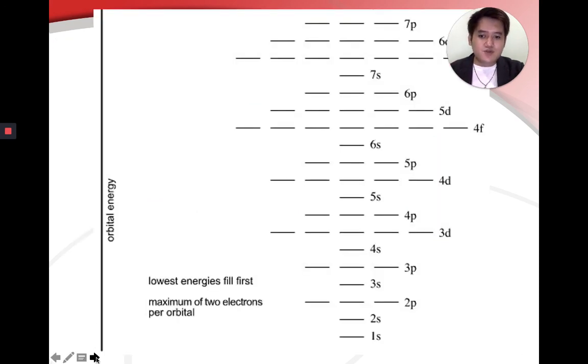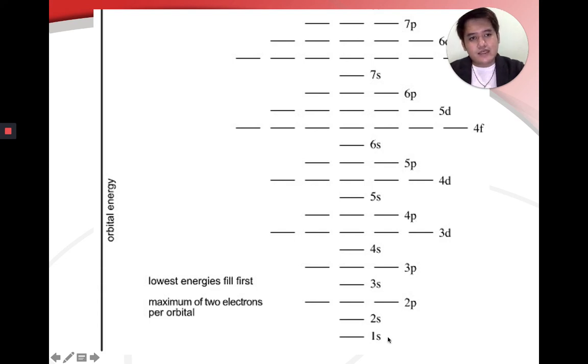Okay, and so you have this. It lists the orbitals from lowest energy to highest energy. So you have 1s, 2s, 2p, 3s, 3p, going upward, 4s. And they found out that 4s has lower energy than 3d, okay? And 3d has lower energy than 4p.